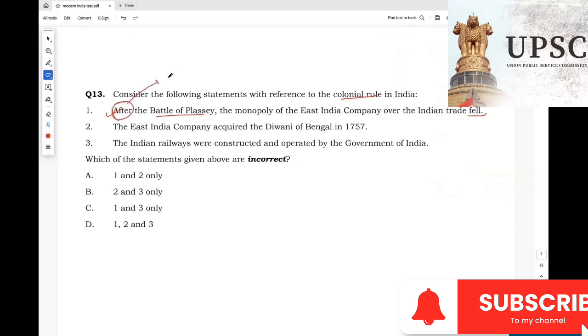It was after 1813 that the monopoly fell, not after the Battle of Plassey. The East India Company acquired the Diwani of Bengal in 1757. No, it was after Buxar, not Plassey. Dual government, right? After Buxar, under dual government.